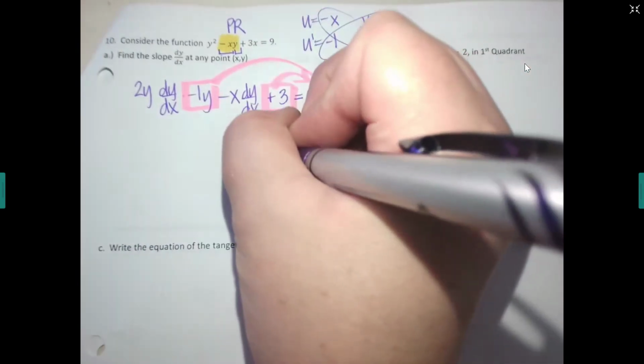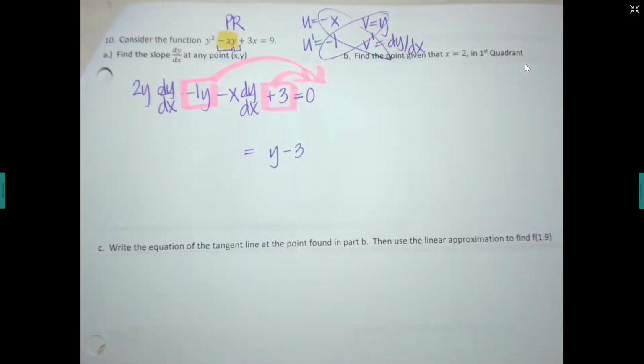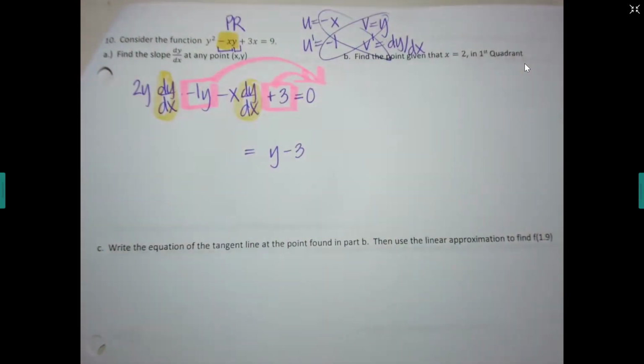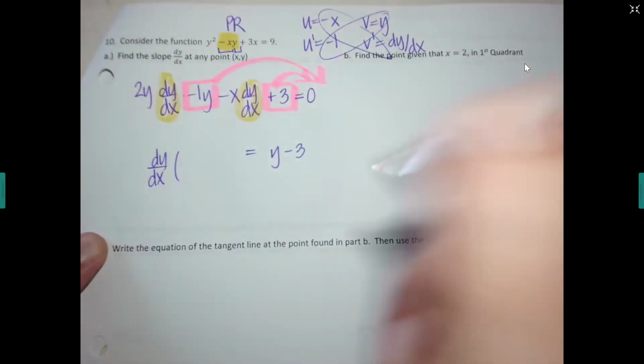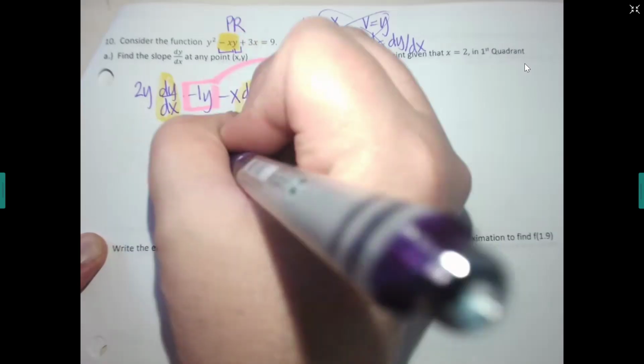So my negative y is now a positive y. My 3 is now a minus 3. Out of the remaining two terms, they both have a dy dx. Remember, you're going to pull that out. So you'd have dy dx parentheses, and then a 2y minus x.